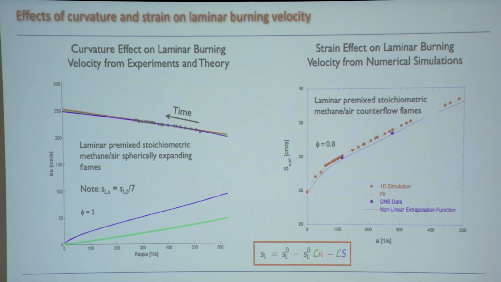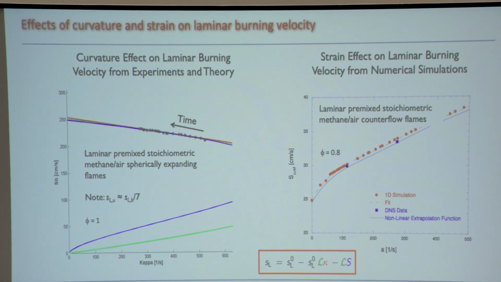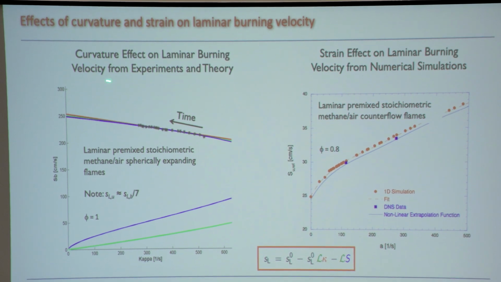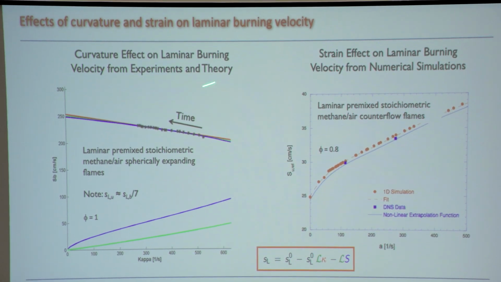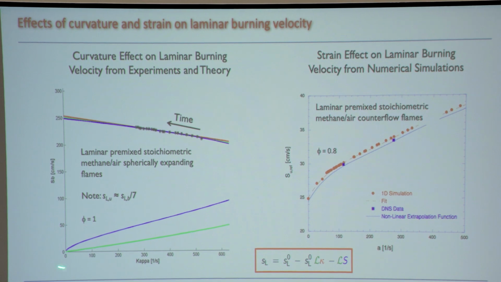But this here shows experiments, or results from experiments and results from simulation, that show the effect of stretch. And again, stretch can be either by curvature or by strain. If we look at the experiment I showed earlier for the spherical vessel, then of course you have curvature, and the curvature is shown here.